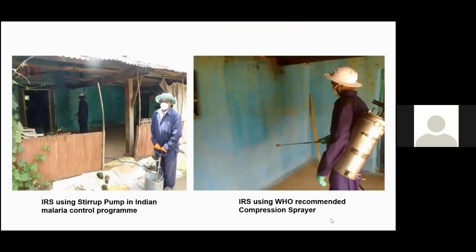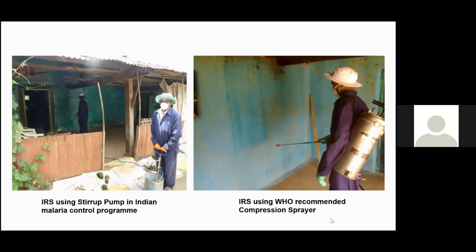I would like to emphasize the Indian vector control scenario. Traditionally, we have been using a different pump which is not recommended by WHO. We are using the stirrup pump in the Indian malaria control program, and for the Kala Azar program, some donor agencies have donated the WHO recommended compression sprayer.